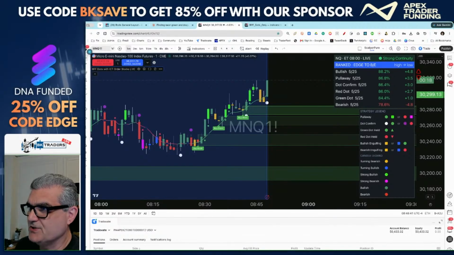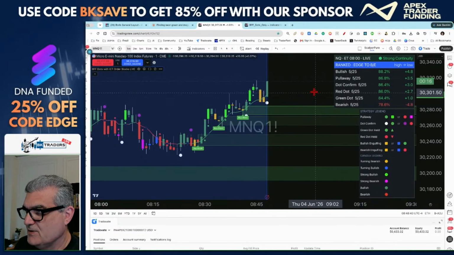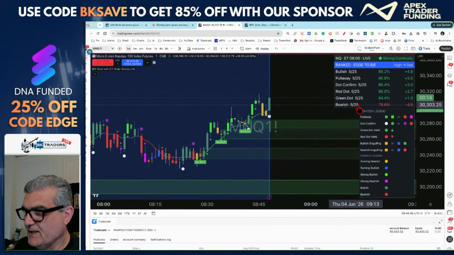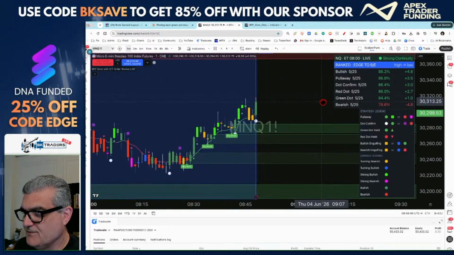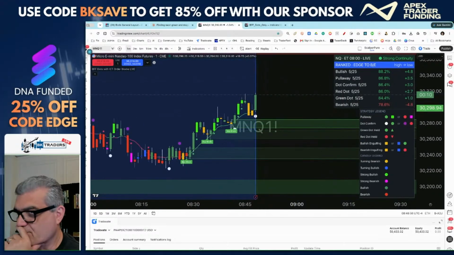All right, this is a bullish engulfing. Look at this. So 15, 16 seconds left against this trade. Let's see if this gives us a play.